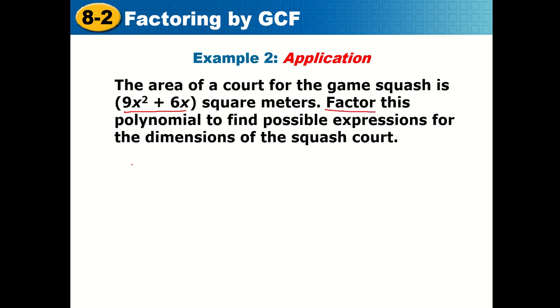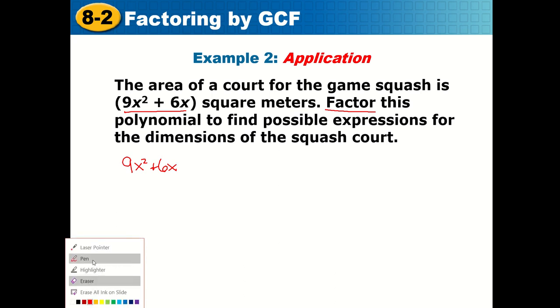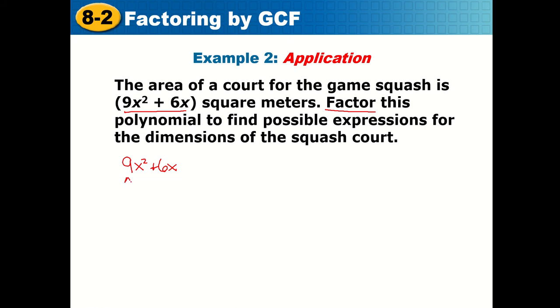Hopefully you can look and go, okay, I've got my 9x squared plus 6x here, and I'm going to take off the parentheses because we don't really need them at this point. Right up here, the factors of 9x squared are 3 and 3, and then 2 and 3.